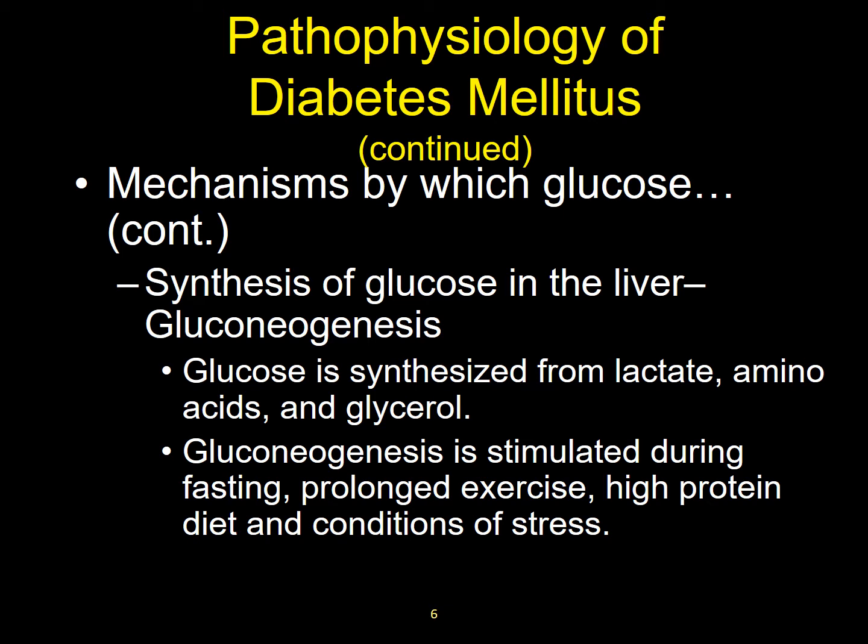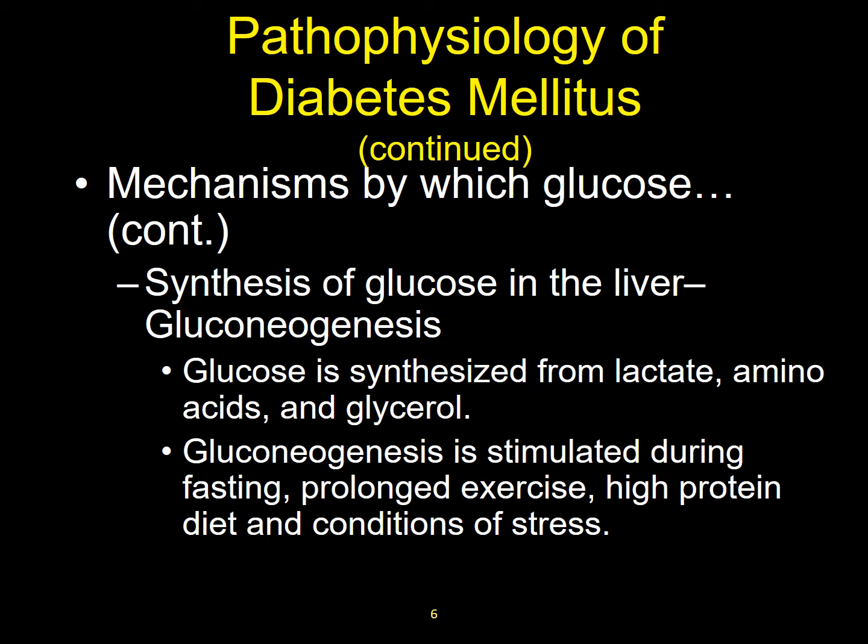It's making new sugar from non-sugar precursors like lactate, amino acids, and glycerol. So it can even take fat in the form of glycerol. And amino acids. You can eat nothing but protein for the rest of your life, and your liver will just laugh at you and make sugar out of it. So go ahead and eat carbs, just in moderation. So this is another way that we get sugar in blood, gluconeogenesis.